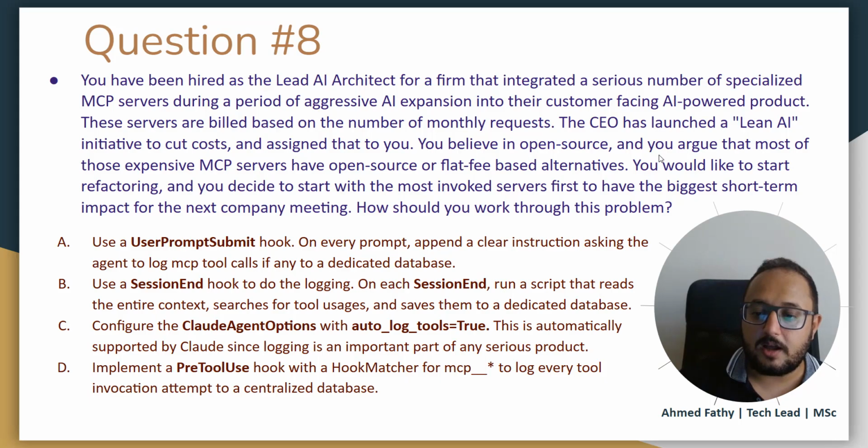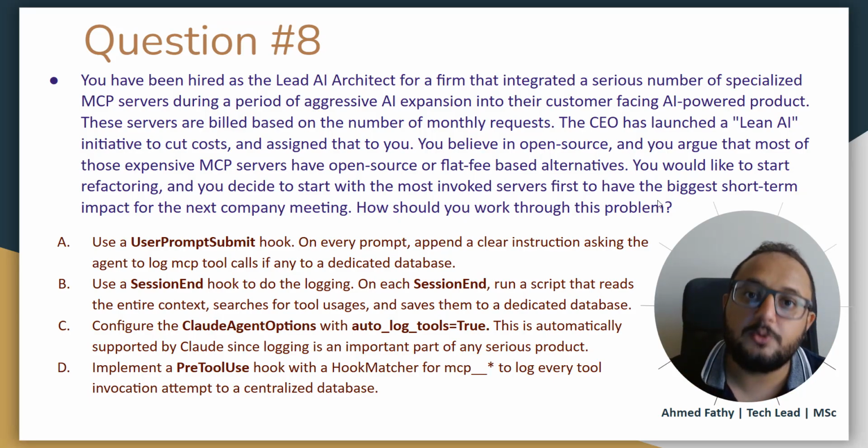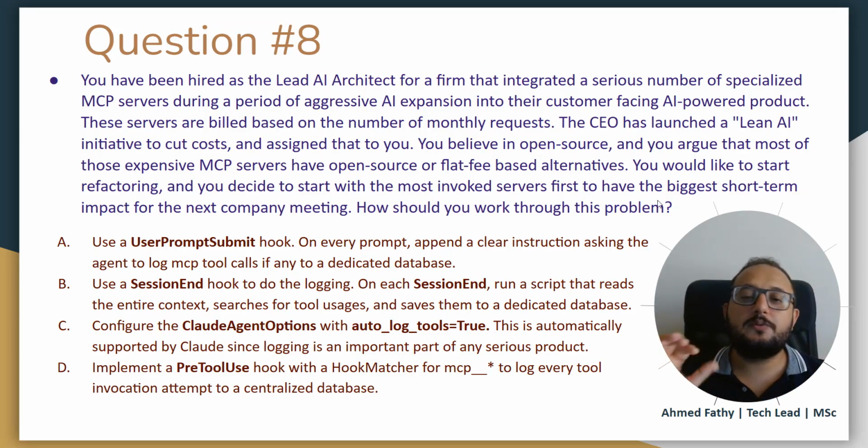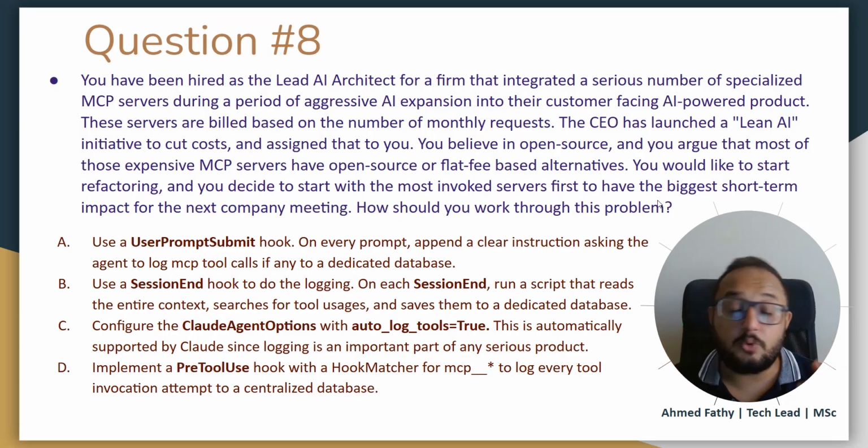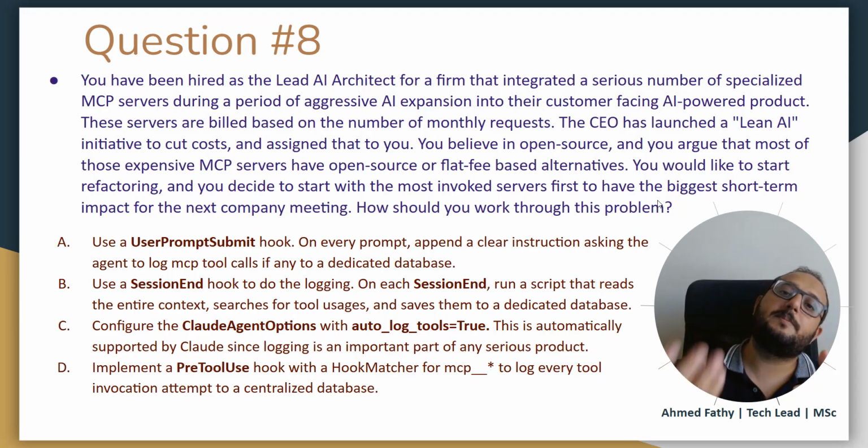Again, you would like to start refactoring and you decide to start with the most invoked servers first. So you would like to find out which of those servers are used most often, such that you start by replacing them.